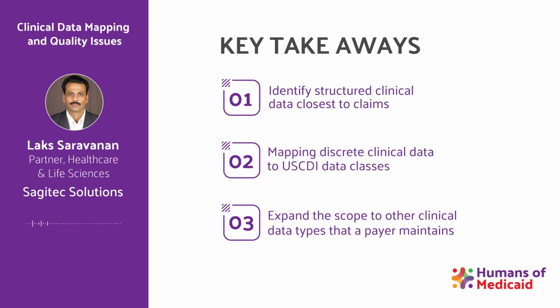So we see this happening: any clinical data that is closer to the core claims administration system would be available in the first pass. Subsequently, they're going to look at the care coordination system or the care management system, and look at the clinical data in those systems and try to expose those as well.